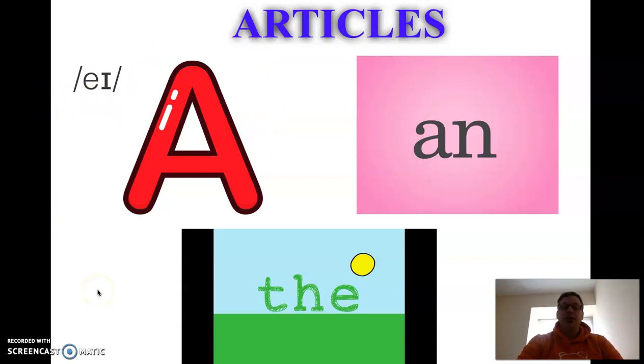Okay. Let's look at another one. Here's another symbol. Looks like an E, but upside down. This is called a schwa. This sound is uh. So the article here has 2 pronunciations, A and uh. Let's go to number 2 over here.